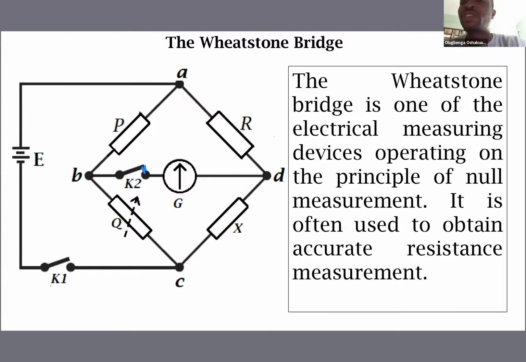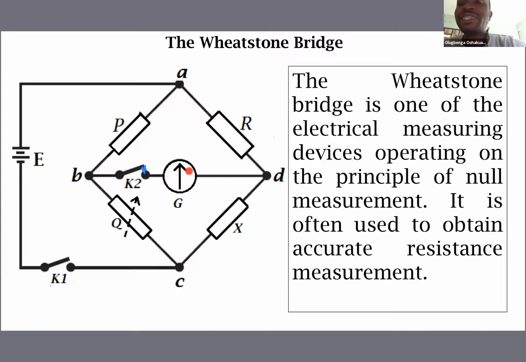But once point B and point D are at the same potential, current will not flow. Then the galvanometer will stand erect like this.